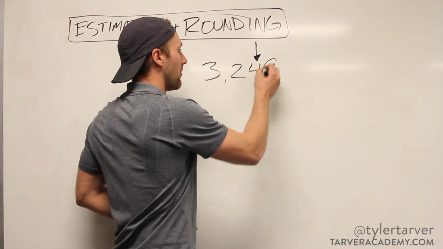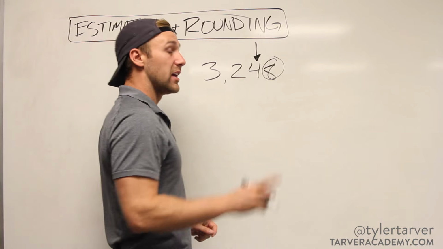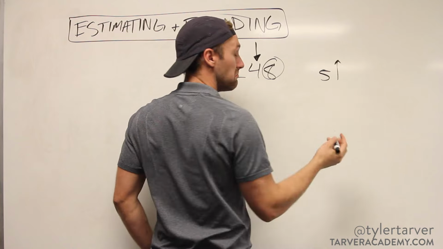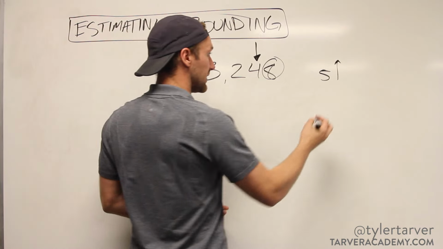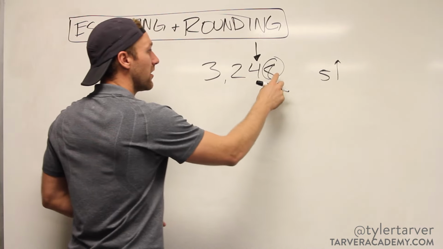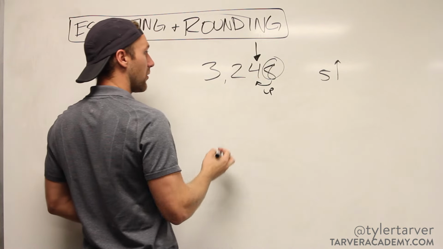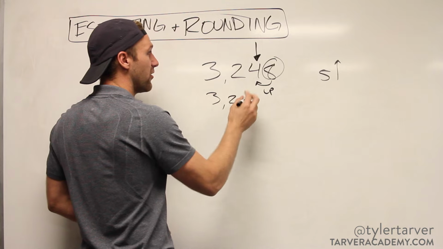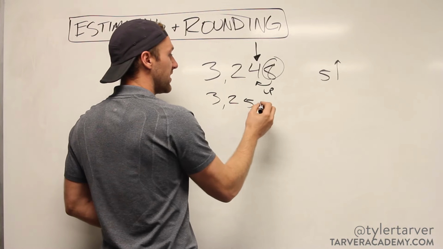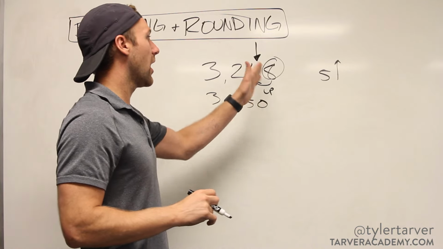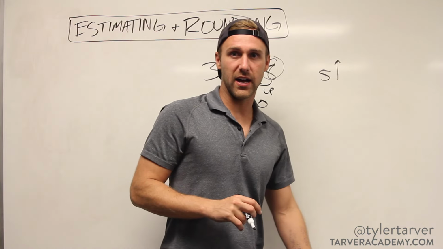That's our key number. Now, is that number 5 or greater? Yes, it is. That means that we're going to round this number in front of it up. So we put 3,250. That clears out. Anytime you round up or down, it clears out whatever's behind it.